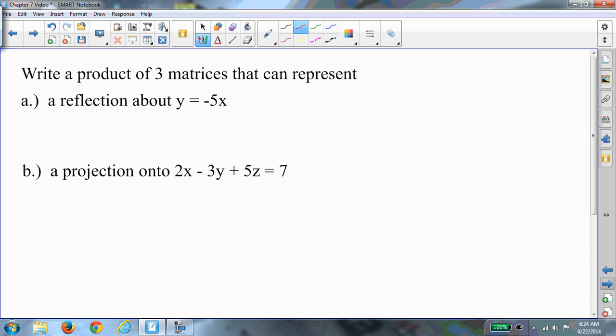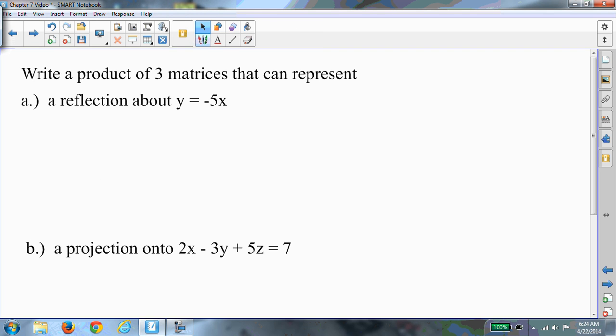Lastly, I want to just remind you how to put together some matrices using visual eigenvalues and eigenvectors. So let's start with this one. Reflection about y equals negative 5x. So visually, if you have y equals negative 5x, you can imagine you've got two eigenvectors.